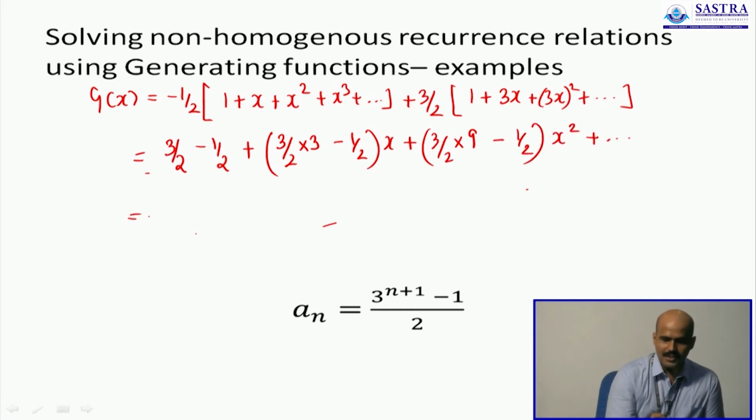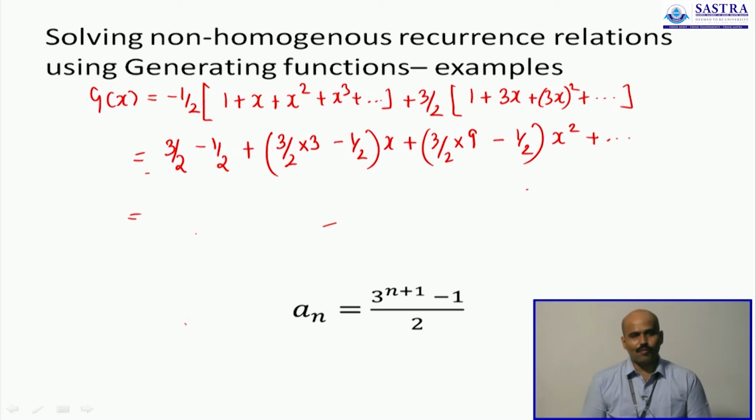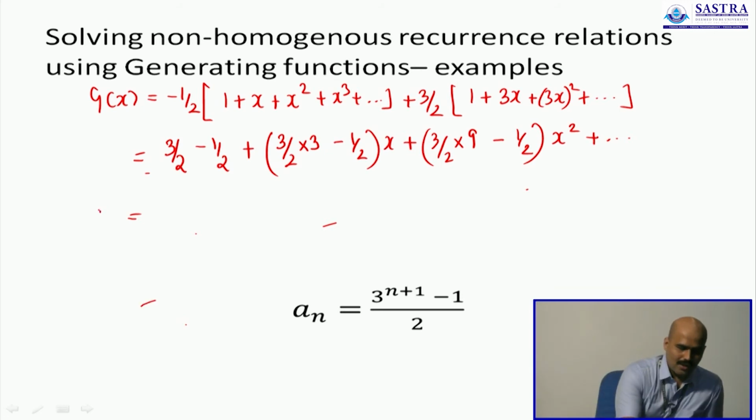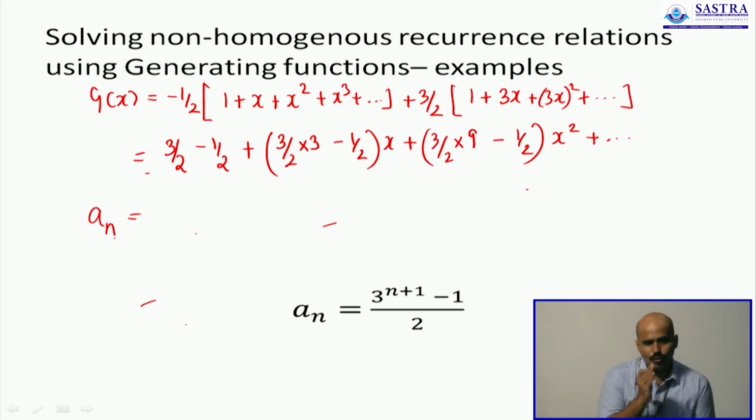So the power series before us is of this form. Now we are going to focus only on the coefficients, because I told you that the coefficients of the expanded form of the power series are the sequence that we are after. So to generate the an, we will just focus on the coefficients in this expansion.